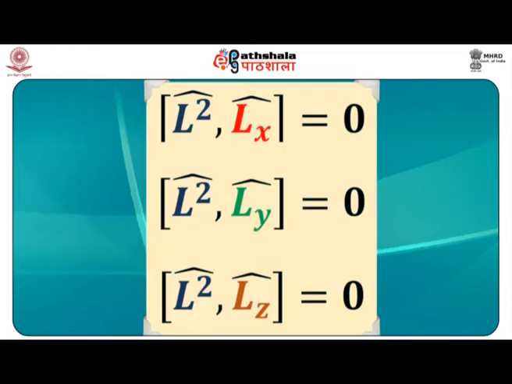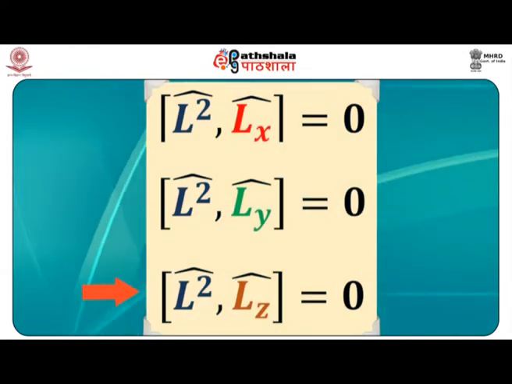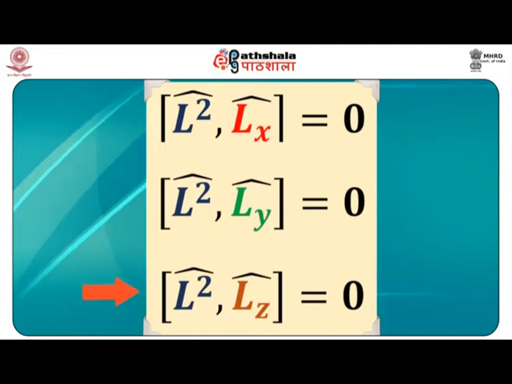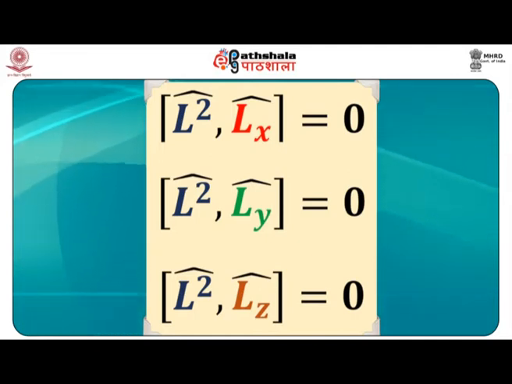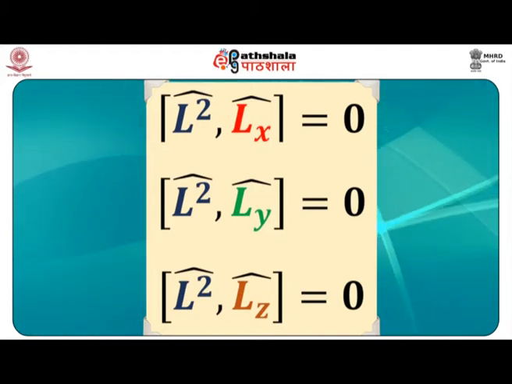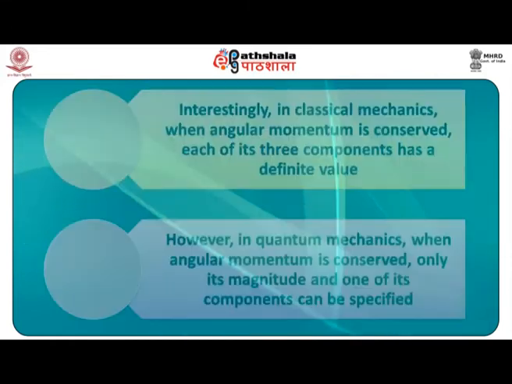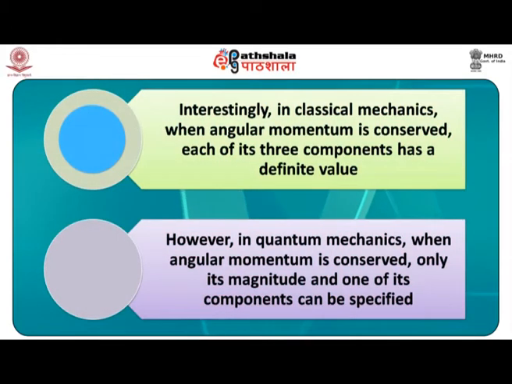Now this means the commutation of [L², Ly] will also be 0 and [L², Lz] will also be 0. This means that L² commutes with each of its components. That is, it is possible to specify the exact value of L² and any one of its components. An interesting fact over here is, in classical mechanics, when angular momentum is conserved, each of its three components can be specifically defined.